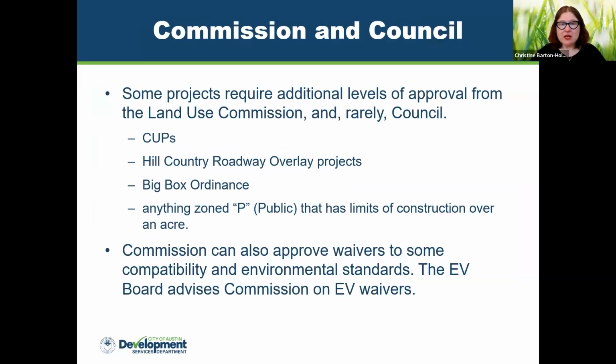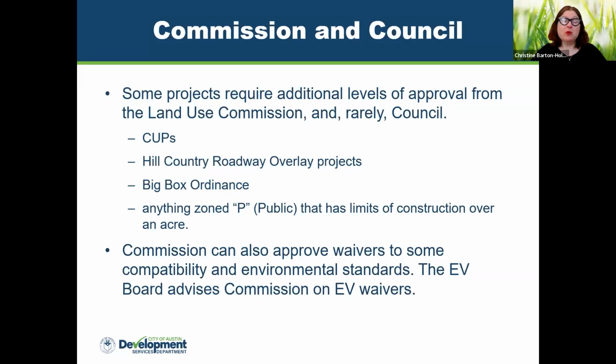So if it's an A case, typically it's going to go to commission, sometimes council, depending. These are projects that require additional levels of approval from the Land Use Commission. So conditional use permits, hill country roadway overlays, big box ordinances.